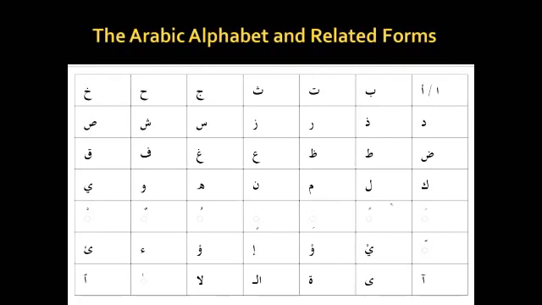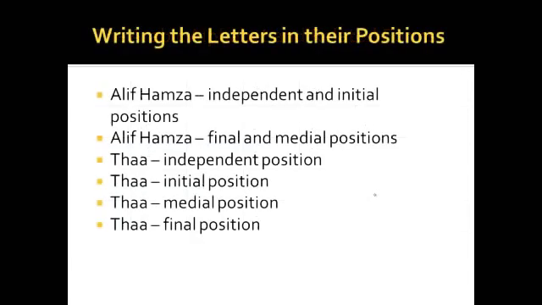So where are these letters that we're learning in the grand scheme of things? Well, we have the alif hamza here, and we have the tha right here. And so we're going to write these now in their four different forms. Okay.